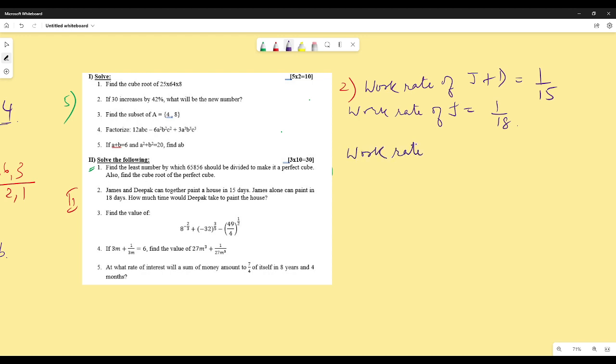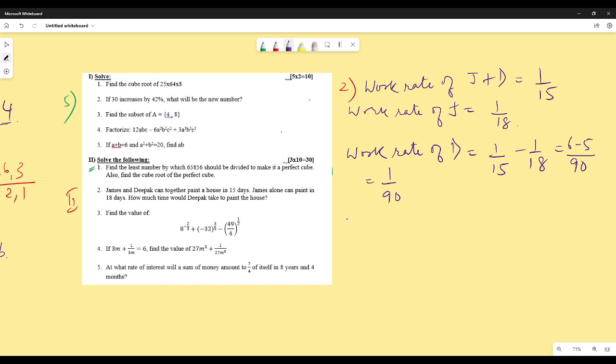So work rate of Deepak is equal to, when you subtract the work rate of James from the total work rate, you will get the work rate of Deepak, which comes to 1 by 90. That means in one day Deepak will finish 1 by 90 work.